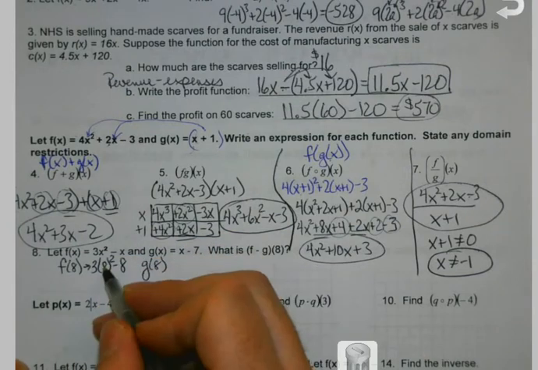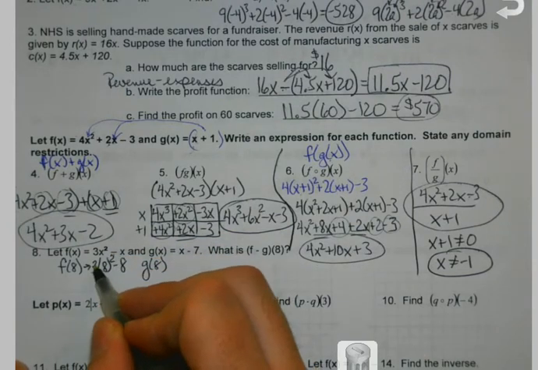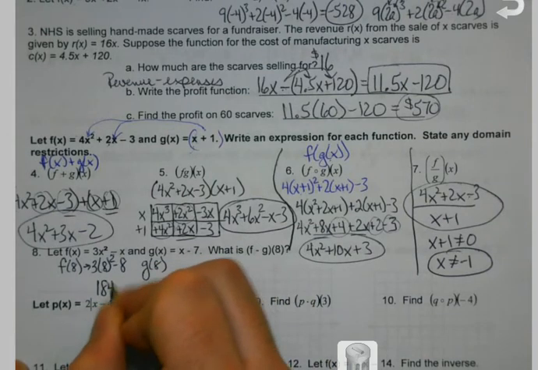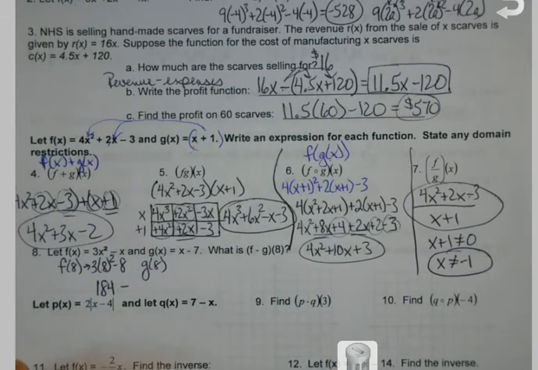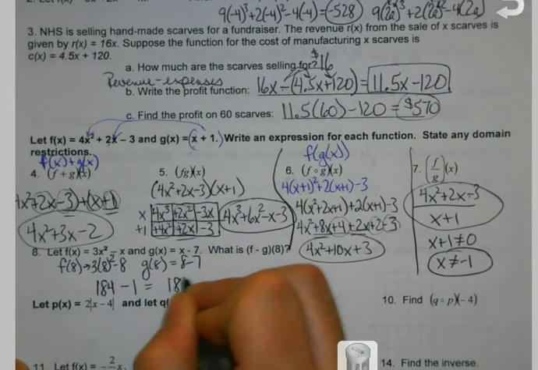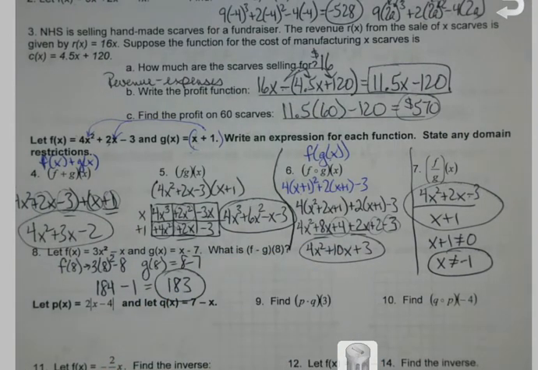So I'd have, let's see, 64 times 3 is 192 minus 8 would be 184, minus g of 8, which is 8 minus 7, which is 1. Subtract my 2 answers and I'm good to go. So don't make life complicated. Okay, if they give you a number, plug it in.